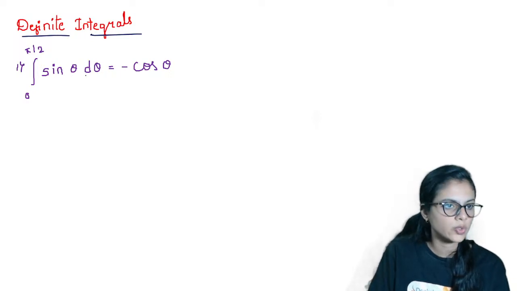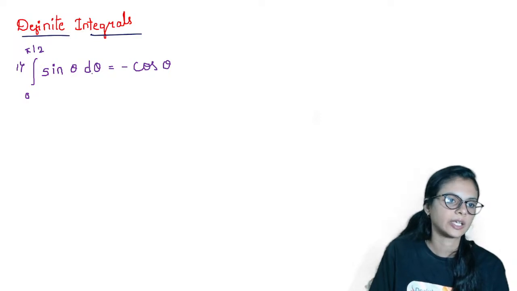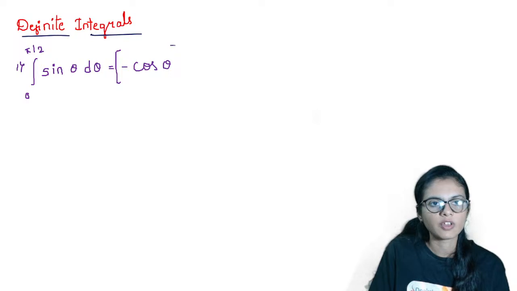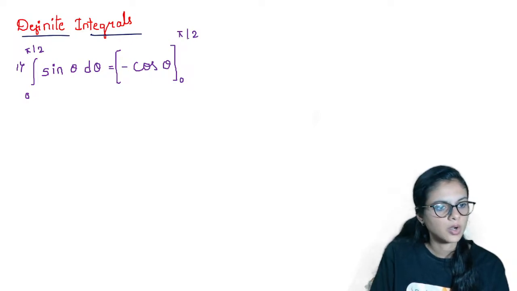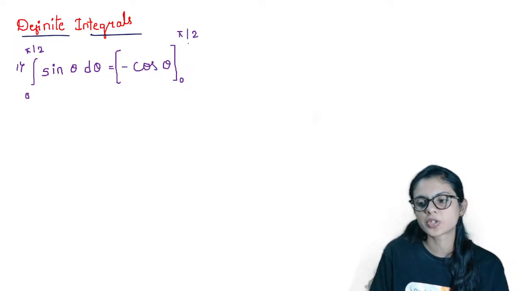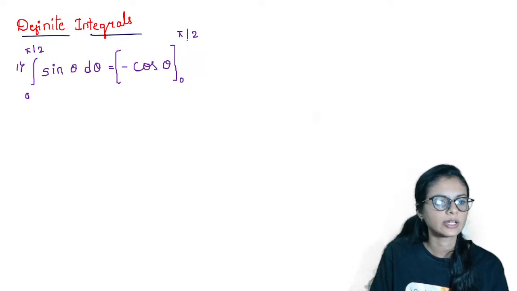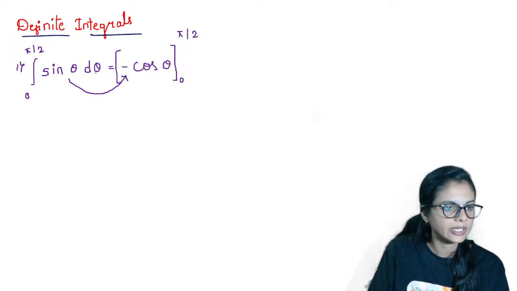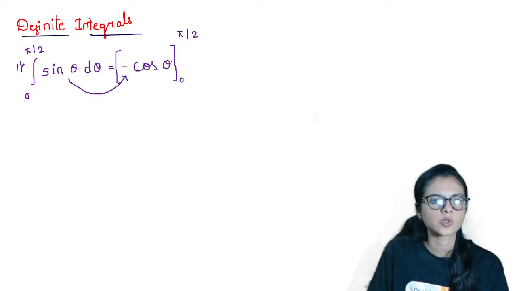We are not going to use d theta as we have already integrated, but we will apply the limits, that is 0 to pi by 2. Step by step, slowly I'm solving this so you can understand. So you will first integrate the term. You will not use d theta again.